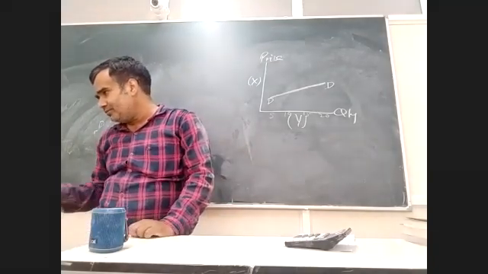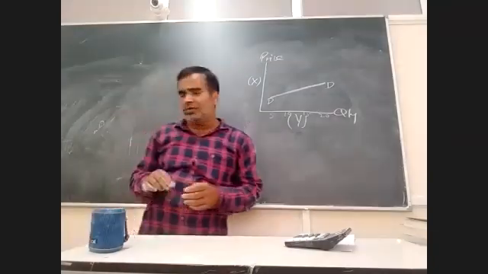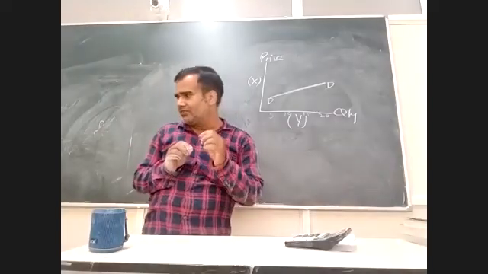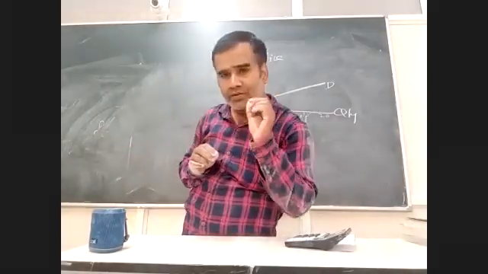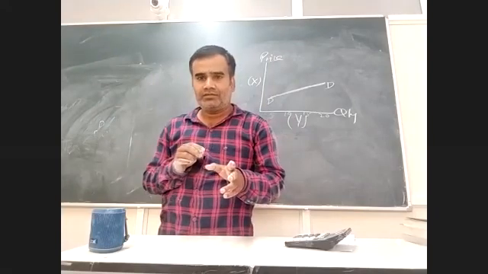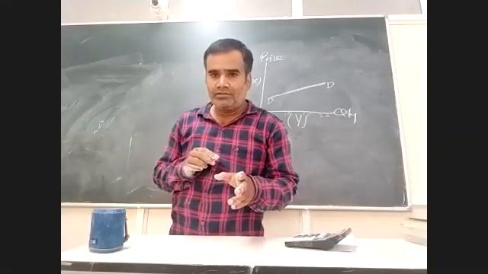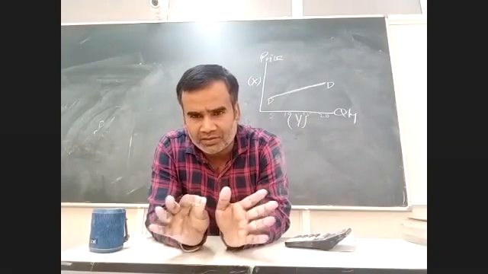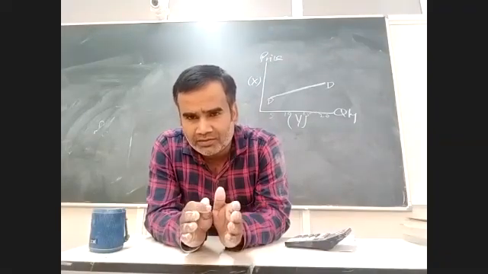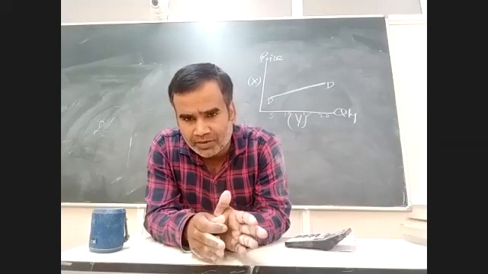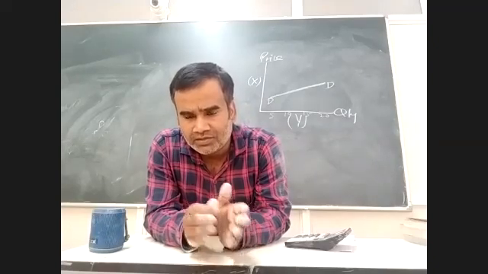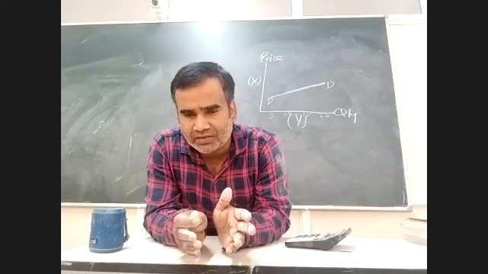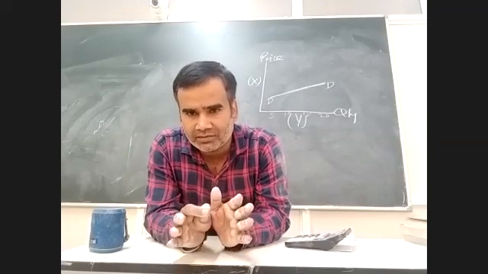Now there is an option that is a little confusing, because it says perfect complements. Complements being perfect is not something we study. Complements means two products are demanded together, like car and petrol, shoes and socks. So they are not perfect complements, they are complements.